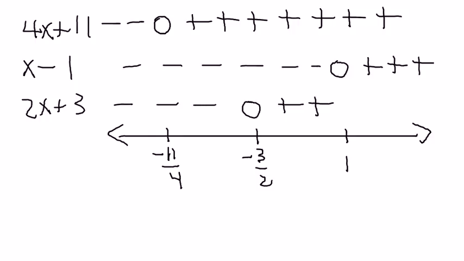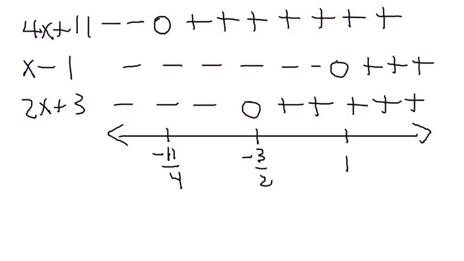And now I have to use this number line chart to figure out the solutions. I want to know when this is going to be greater than or equal to 0, not less than or equal to 0. So greater than or equal to 0 is going to be a negative divided by a negative, or a positive divided by a positive.